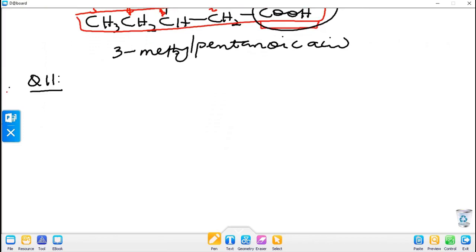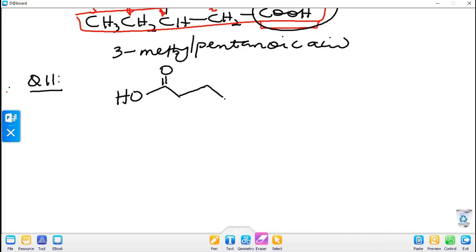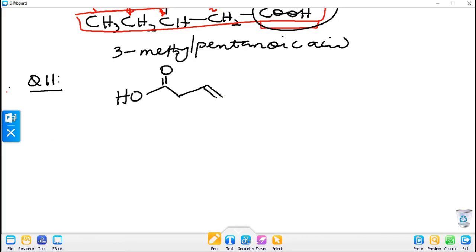That will be 11. Just like the one above, let us take a look at this compound, HO. So this is the compound.